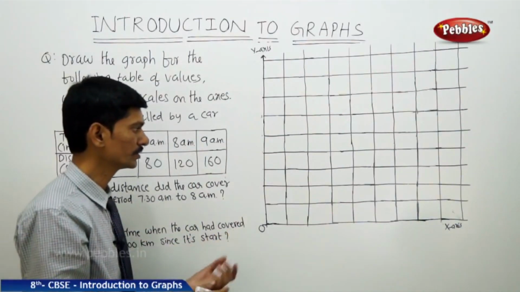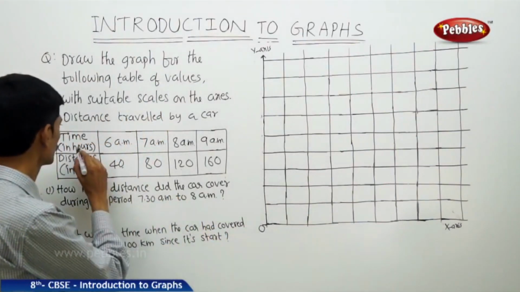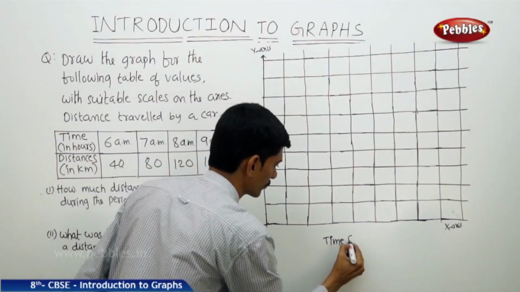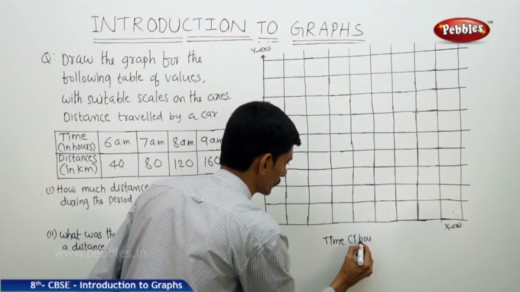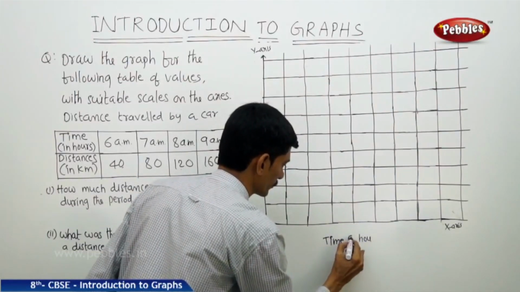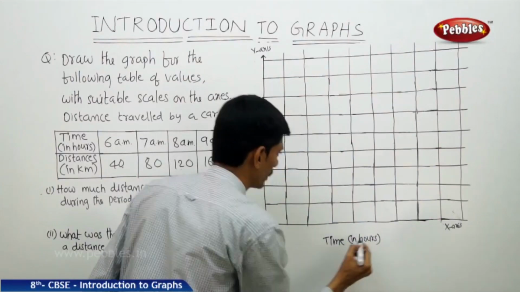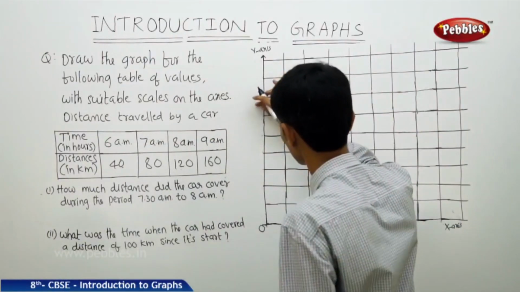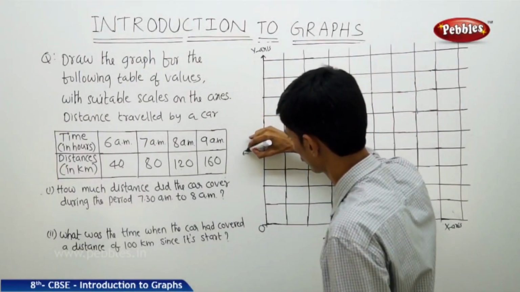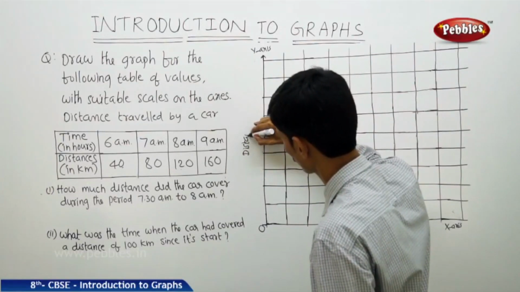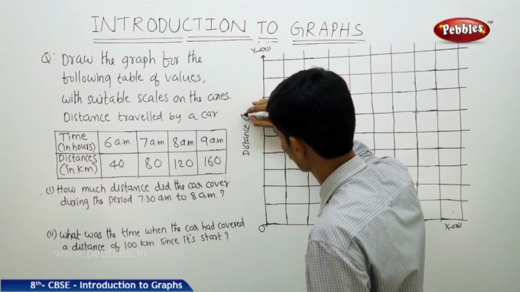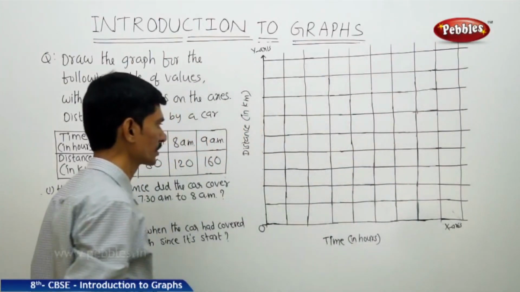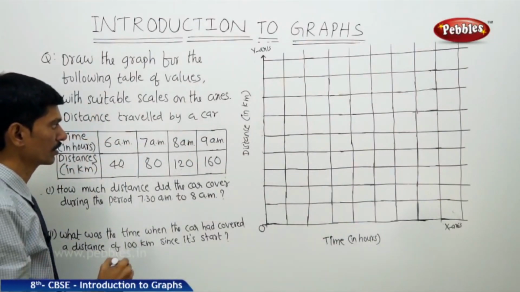Now on the x-axis, on the horizontal line, we take the time in hours, and on the y-axis we take the distance in kilometers. Now you will choose a scale on both the horizontal axis and the vertical axis.